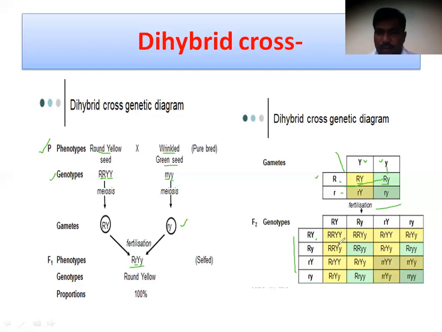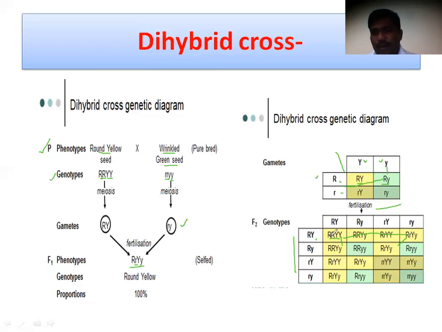Among the recessive characters that occur in the F2 generation, the 9 individuals have the phenotype round yellow, round seed with yellow color. If you draw the triangle, all these individuals are round seeds with yellow color.